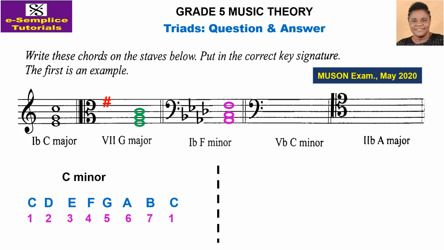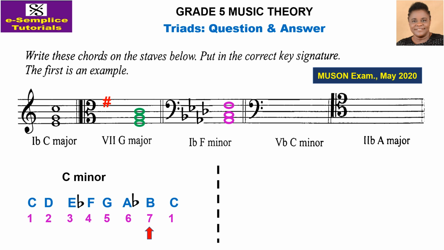Let's add C minor key signature. We have B flat, E flat, and A flat. This is a minor key, so we are raising the 7th degree, and that takes off the flat on B.